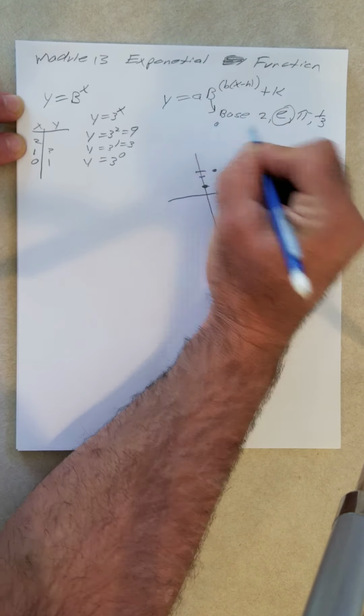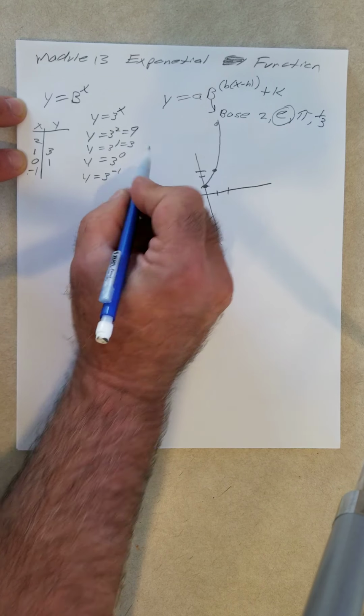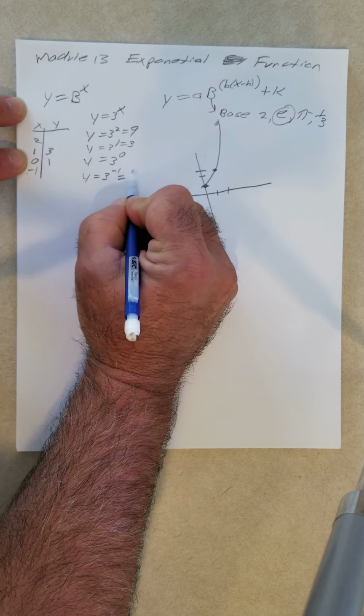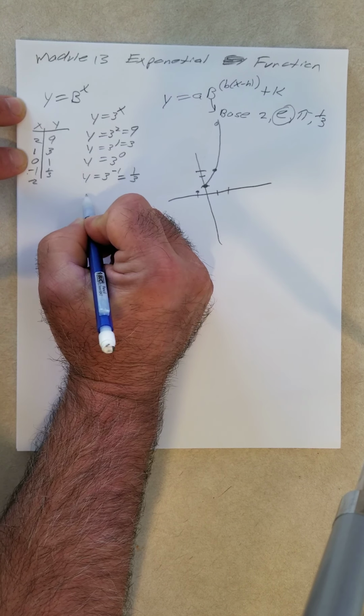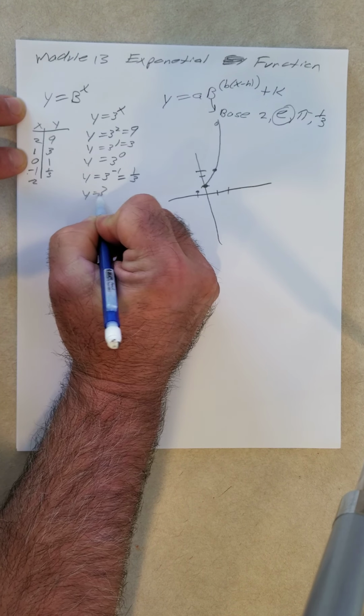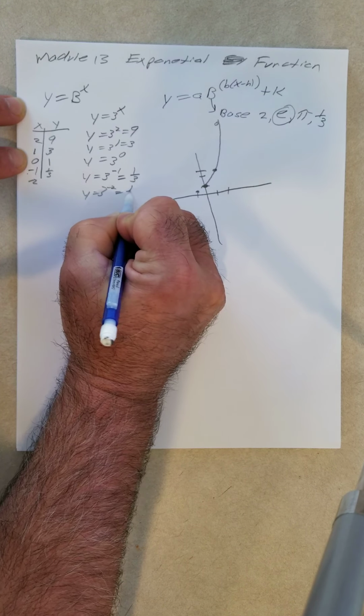Let's go the other way. At -1, y equals 3 to the -1. We know that can't be evaluated as is, so it's 1 over 3 to the first, or 1/3. So very quickly it's coming down now. If we go out to -2, we put these values in here, and that becomes 1/9.